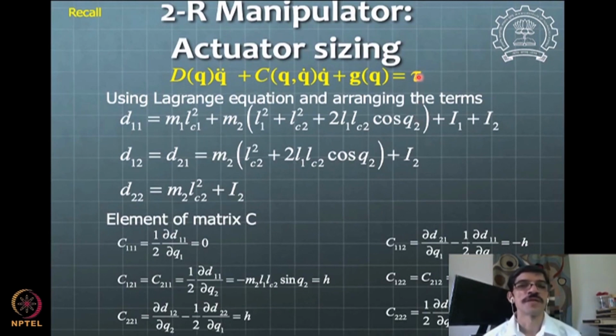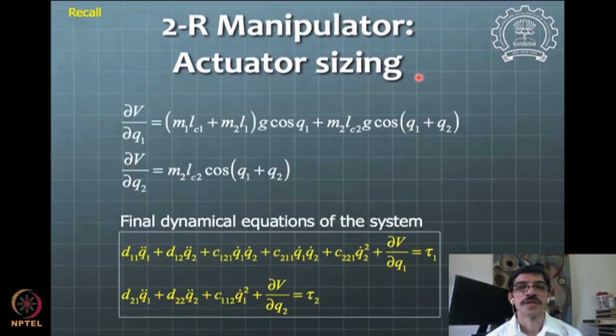Based on that you can add some factor of safety, and you can add friction also, to estimate a torque for your motors in the respective joints. Okay.